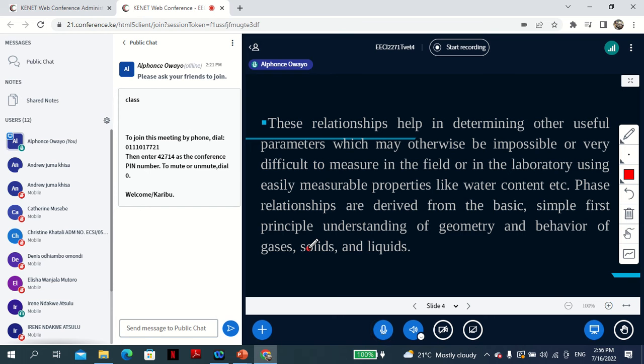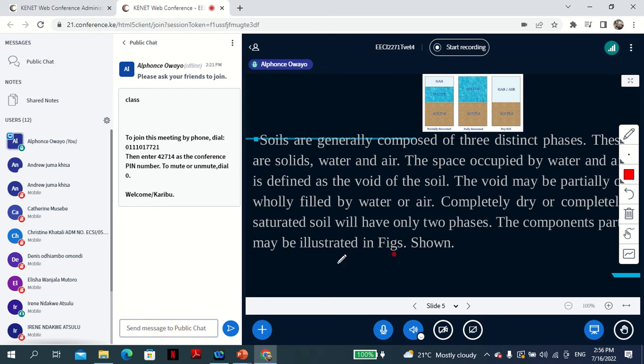So phase relationships are derived from the basic first-principle understanding of the geometry and behavior of gases, solids, and liquids. And we are lucky that the liquid we're talking about here is water, so it should be fairly simple.